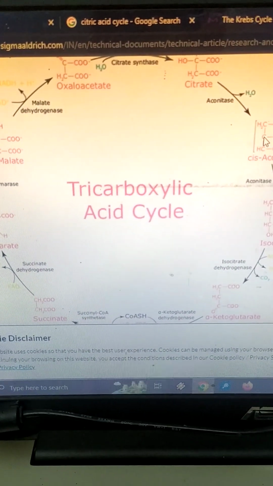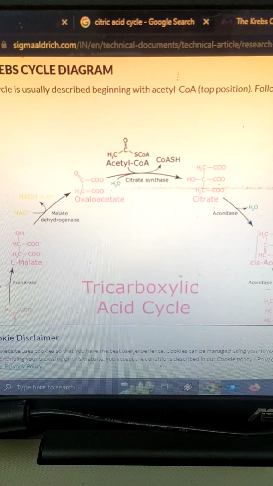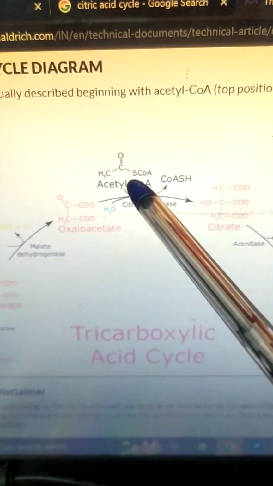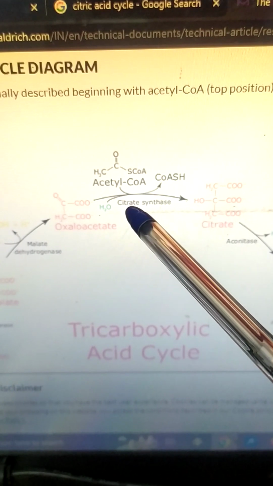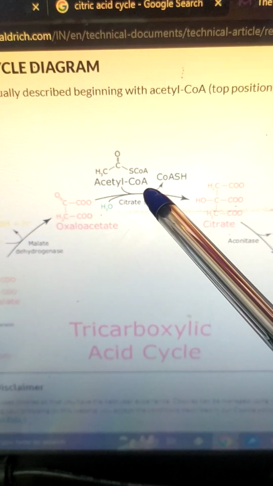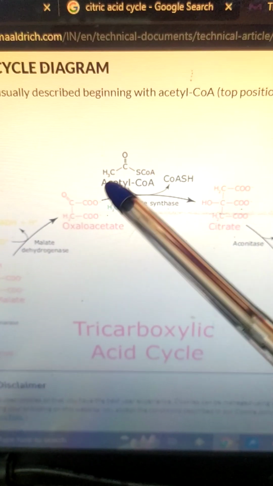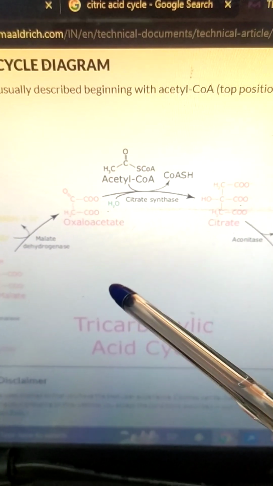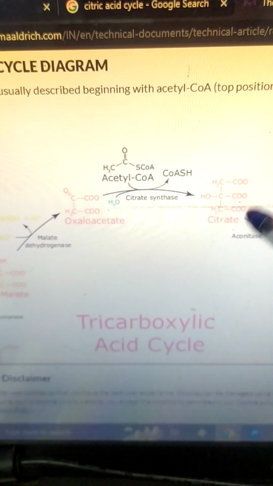Here acetyl coenzyme A has only 2 carbons, and it is the breakdown product of carbohydrates, lipids and proteins.